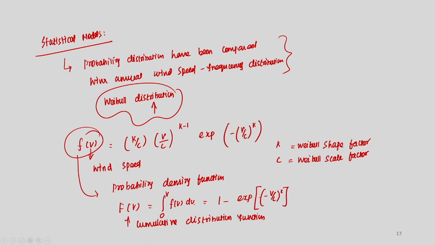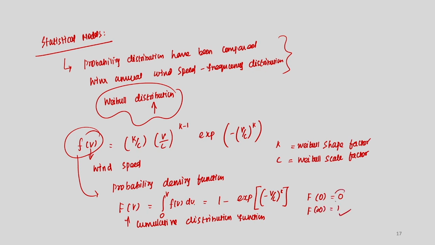So, if you substitute in the cumulative function, when v equals 0, this is 0, e to the power 0 is 1, so 1 minus 1 is 0. And if you substitute v as infinity, then exponential to the power minus infinity is 0, and what you get is 1.